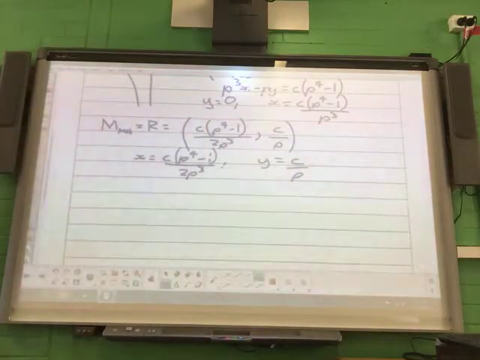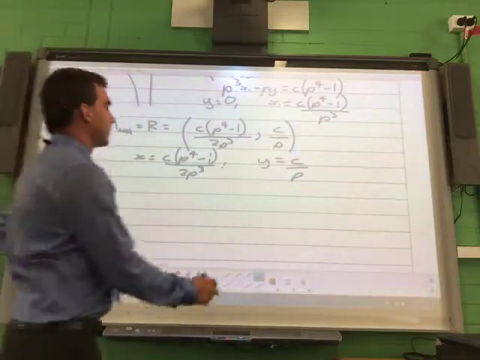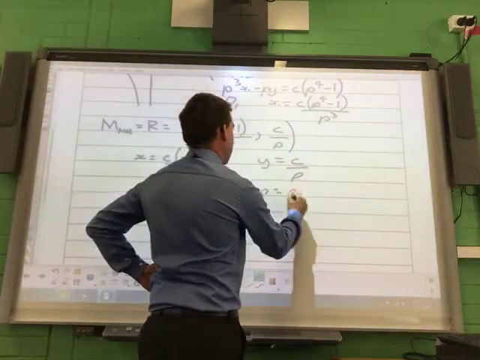So we need to find the locus, we need to eliminate the parameter. Which variable is the parameter? P. Because c is a constant, so we need to eliminate p somehow. Looking at the equation on the right, I can very easily make p the subject and then substitute it into the one on the left. So p is c over y.